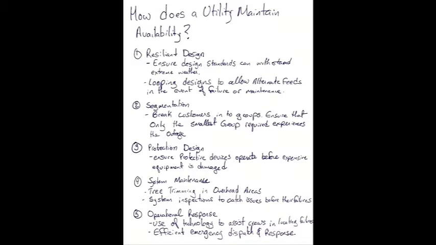So how do we go about maintaining availability? Well, we're going to tackle this from a number of different sides. First off, we want our engineering team. Everything starts in engineering. Before anything's built, it's envisioned by these guys. And so we want them working on a resilient design, right? So we want to make sure that when they're specifying how big a pole, do we need a class 1 or a class 3, which is a measure of the pole's diameter and taper?